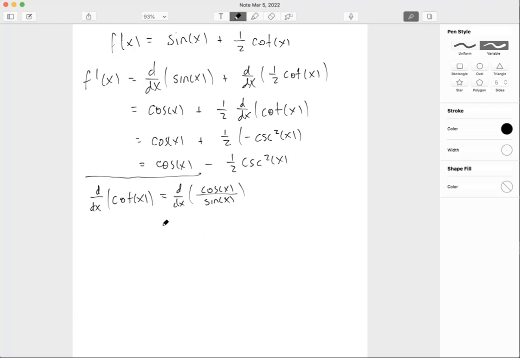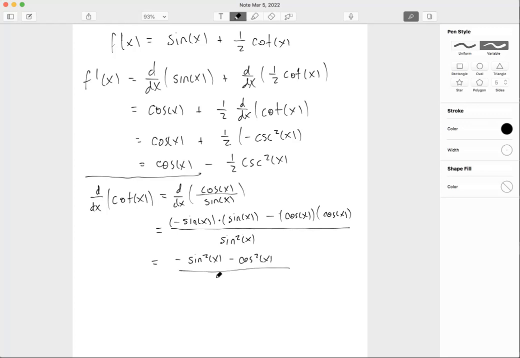So the quotient rule says that we have first the derivative of the numerator, negative sine, times the denominator, sine, minus the derivative of the denominator, cosine, times the numerator, cosine, and divided by the denominator squared. Okay, so the numerator is negative sine squared minus cosine squared, divided by sine squared.